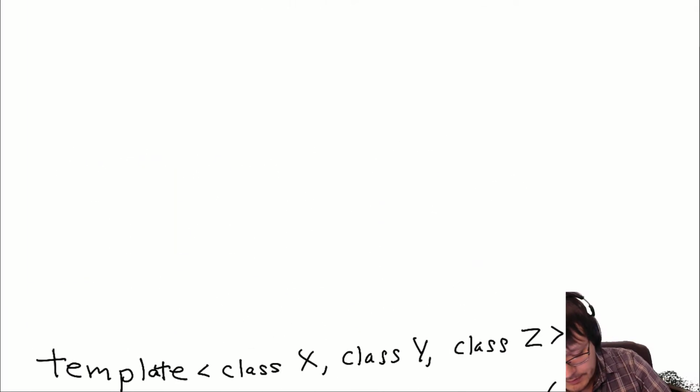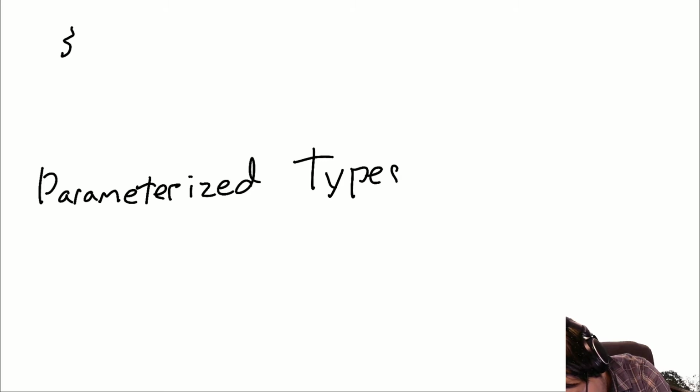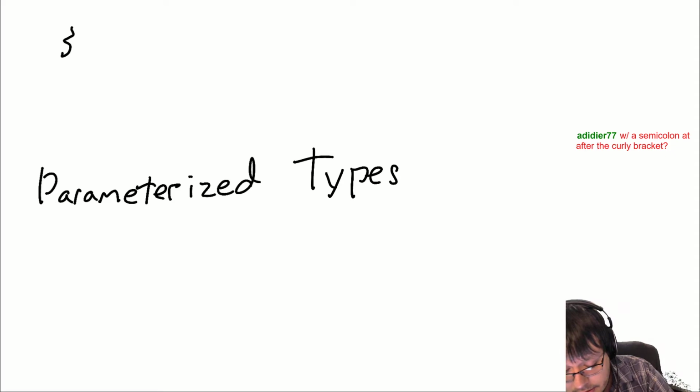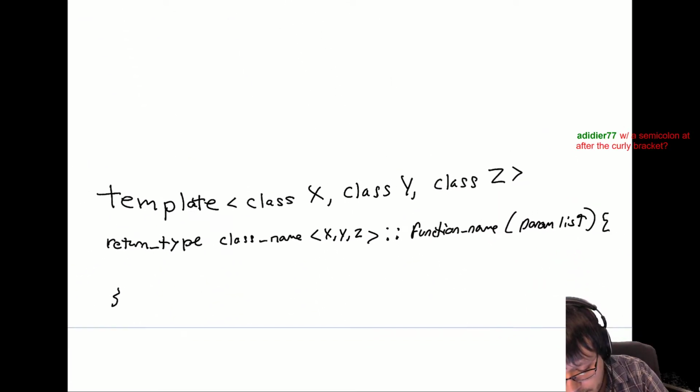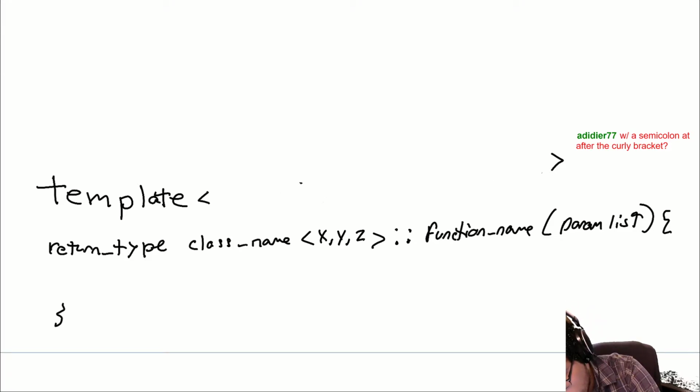So template parameters are called parameterized types. And those are basically class templates are called parameterized types because based on the parameter type, a specific class is generated. So then basically that's what you're putting in here.